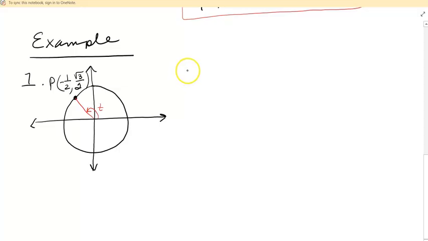Based on what you just learned, sine of t would have to equal, so keep in mind, sine is the y value, square root of 3 over 2. And from here, given just one single point on a unit circle, you can actually find all 6 trig values. Cosine of t is negative 1/2, because we know that's the x value.